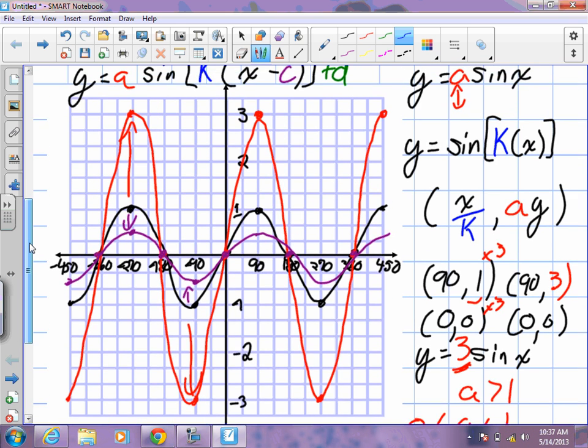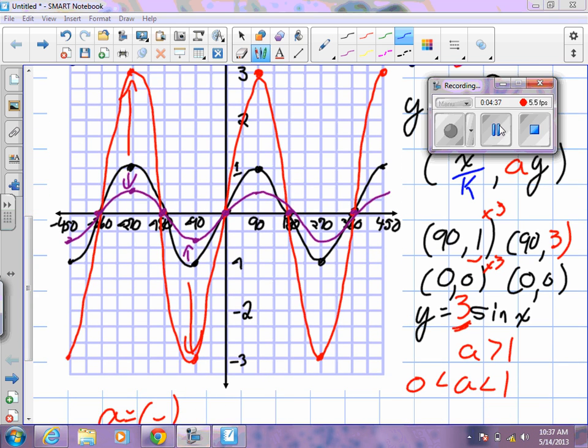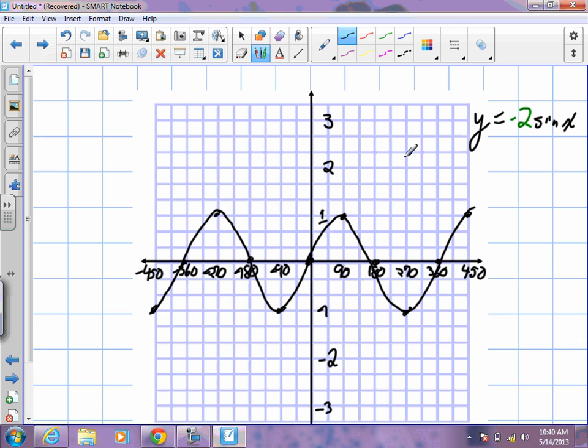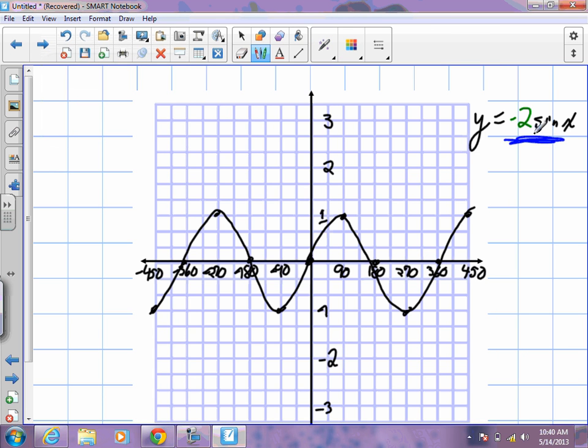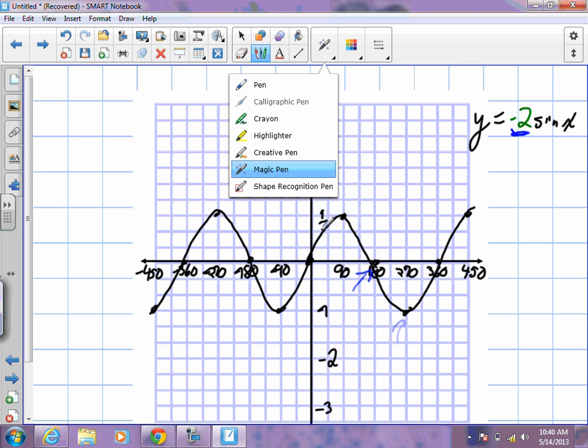Sure. Alright, we're back! We're going to do it in green actually. So we have a negative value, so it's still the exact same idea. With all of our y coordinates, we just multiply the y values of each of these major points by negative 2. So what will 1 times negative 2 be? It'll be negative 2.